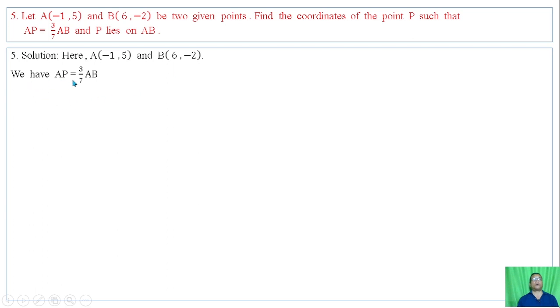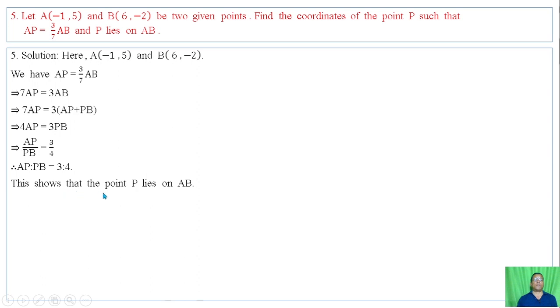We have AP equal to 3 by 7 times AB, that is 7 AP equal to thrice AB, that is 7 AP equal to 3 times (AP plus PB). P lies on AB. Solving, we have AP by PB equal to 3 by 4, that is AP is to PB equal to 3 is to 4. This shows that the point P lies on AB.